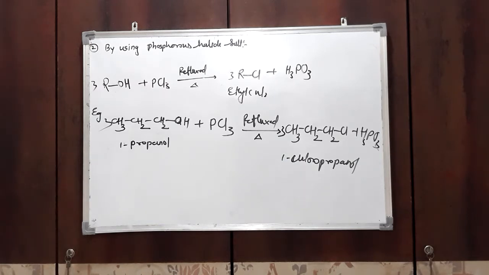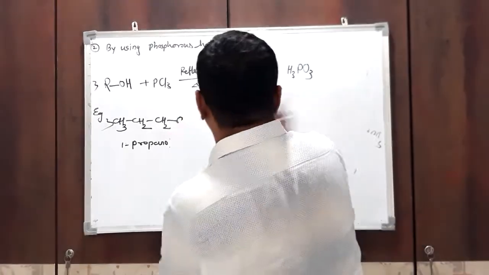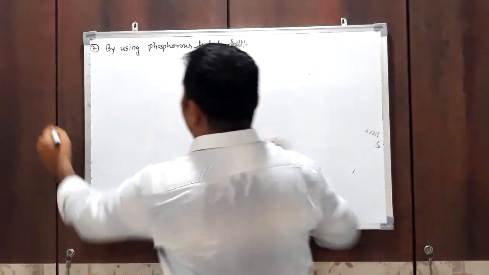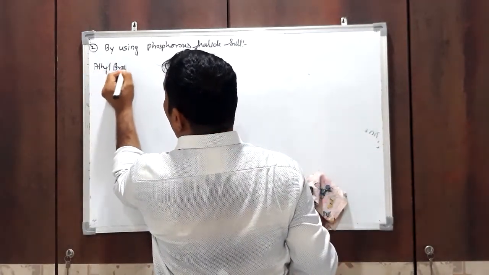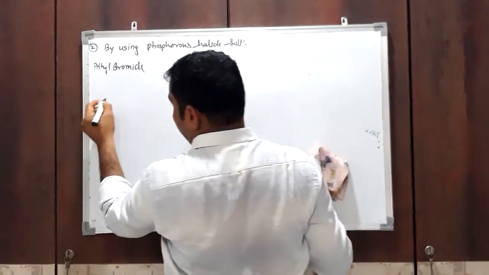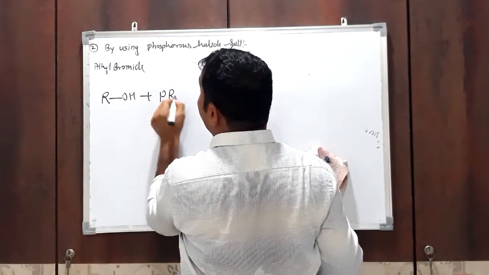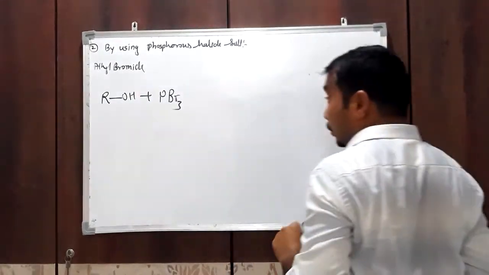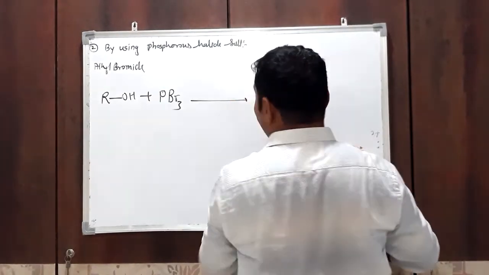If you want to prepare alkyl bromide or alkyl iodide, then what do we have to do? If you want to prepare alkyl bromide, then again the same alcohol is treated with PBr3, but as we know PBr3 is not readily available due to stability.